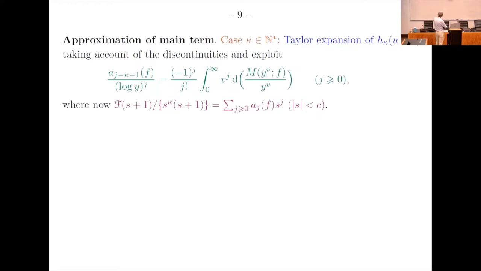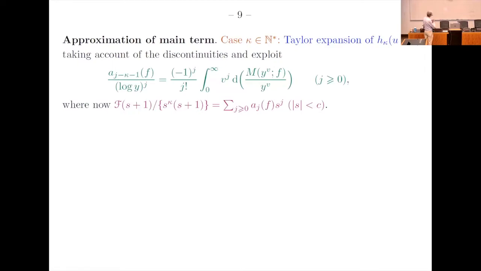If you want to give an approximation as previously, it becomes much more difficult. So we spent a lot of time to understand what happened. So for kappa an integer, this is my first assumption.